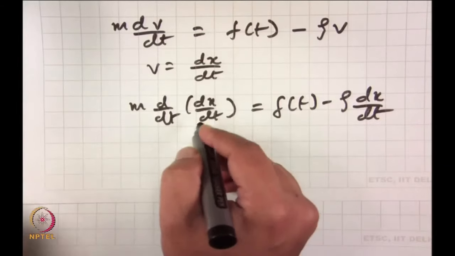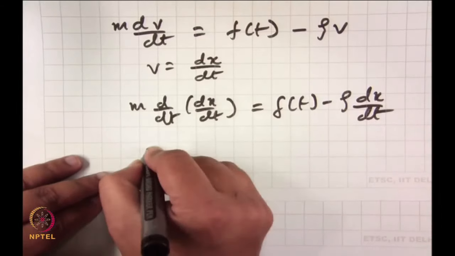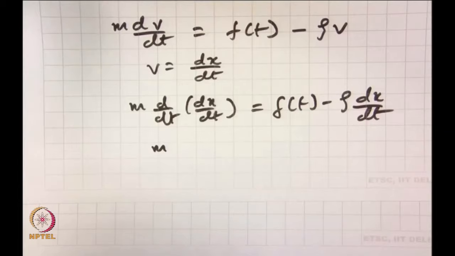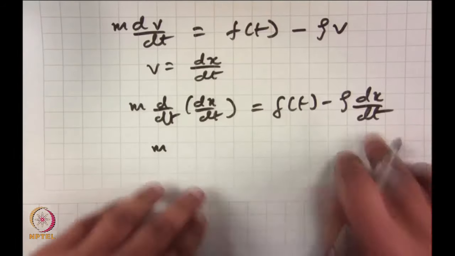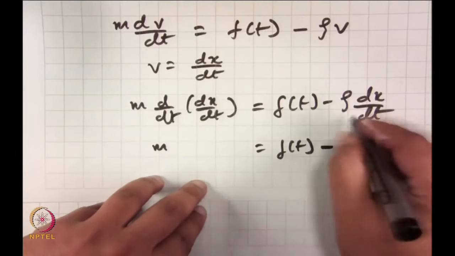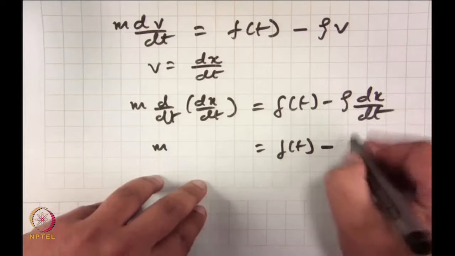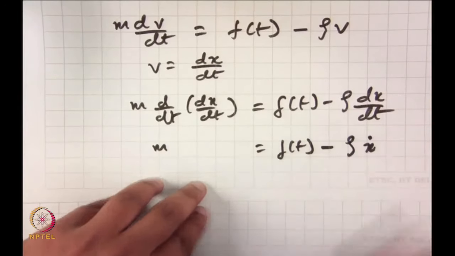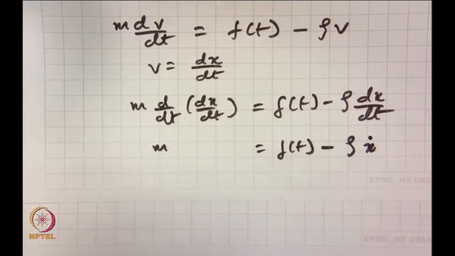Instead of doing that, I can write this as m x double dot equals f of t minus xi x dot, no problem.